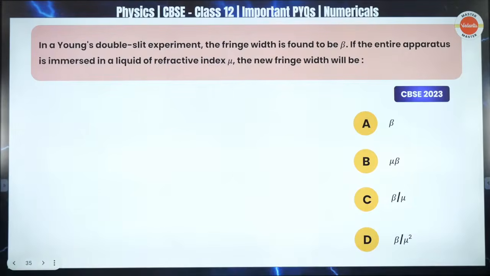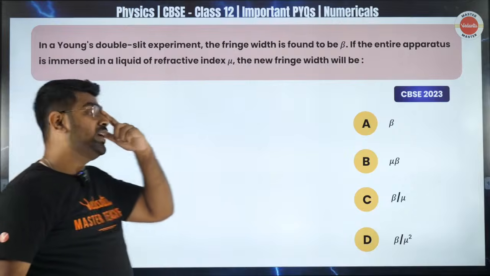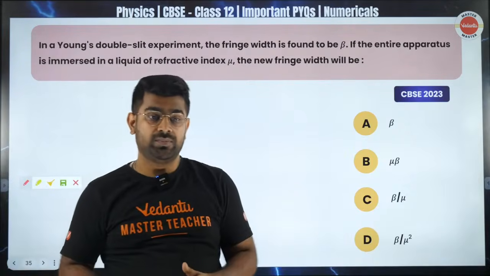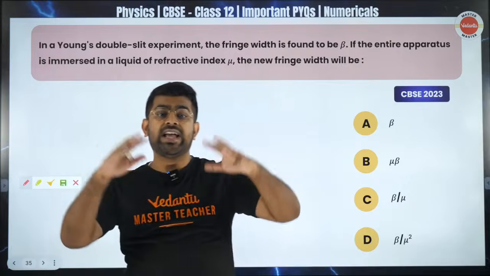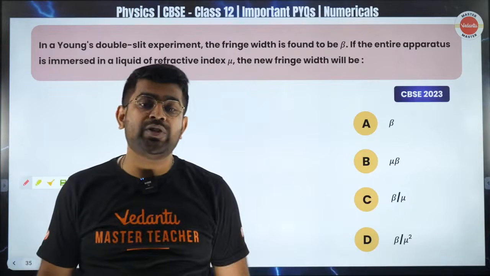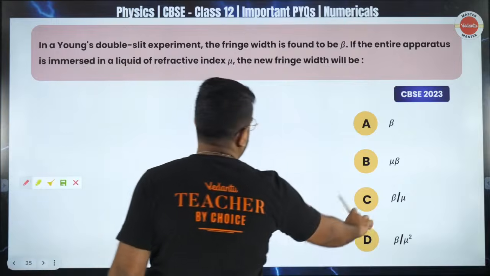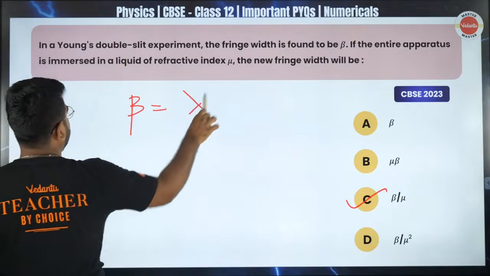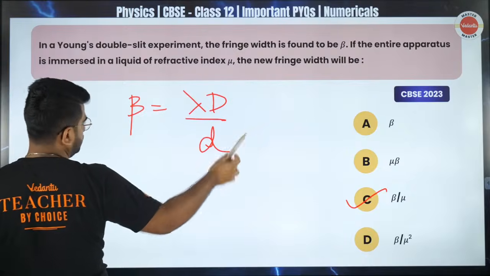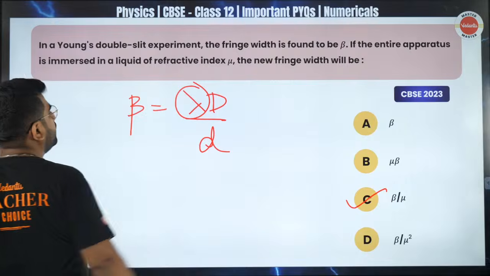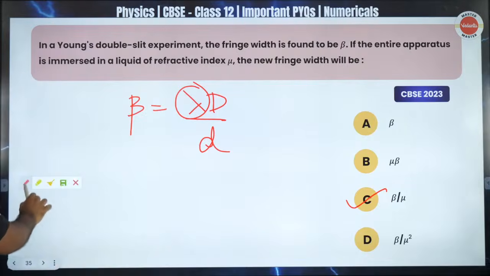Young's double slit experiment. The fringe width is beta. If the entire apparatus is immersed in a liquid, what will be the new fringe width? The answer is option C. Why? Because we know the fringe width is lambda D by d. But lambda depends on the refractive index.